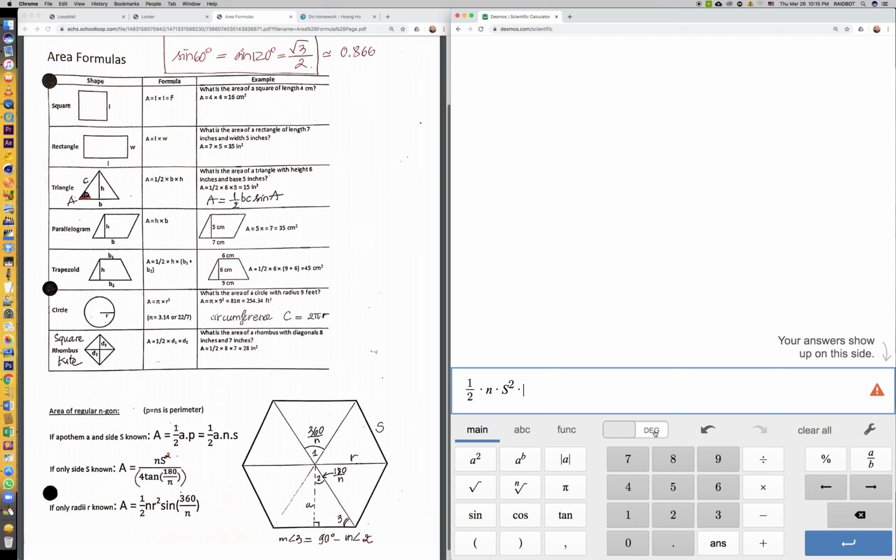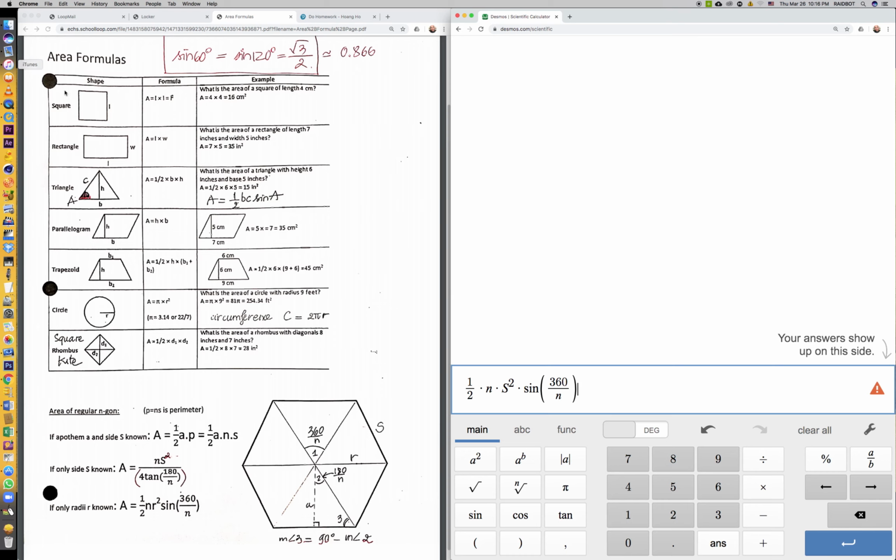When you use sine, make sure it's in degree mode. In this calculator, by default, they already set up degree mode, so you don't have to worry about that. Now I enter sine of 360 over n. That's it. So now you got your formula.